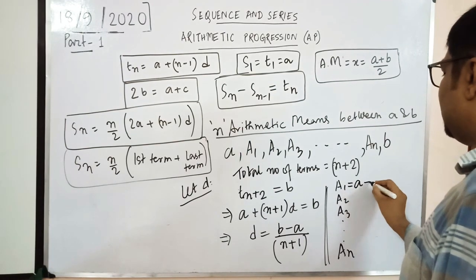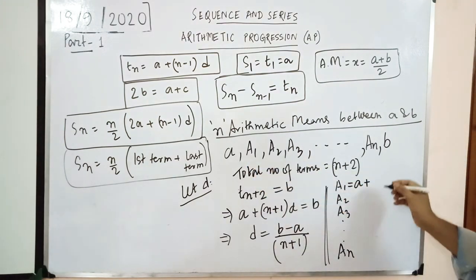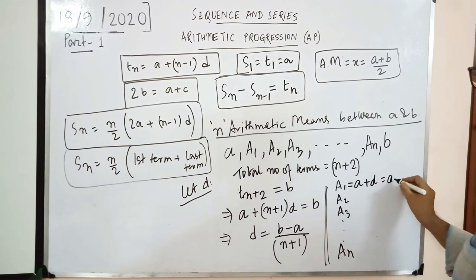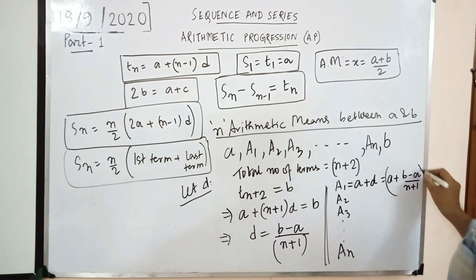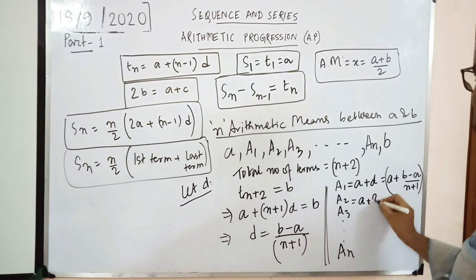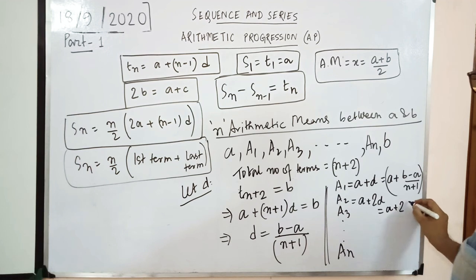A1 is the second term, so this is a plus d. It becomes a plus b minus a by n plus 1. Now a2 is a plus 2d, so it becomes a plus twice b minus a by n plus 1.